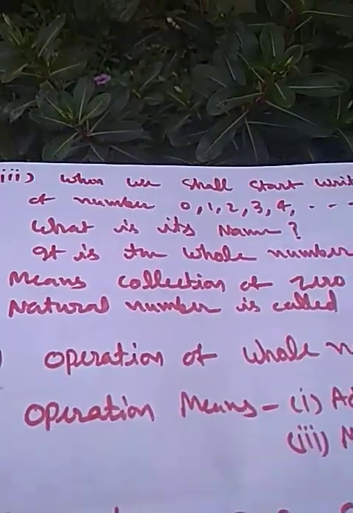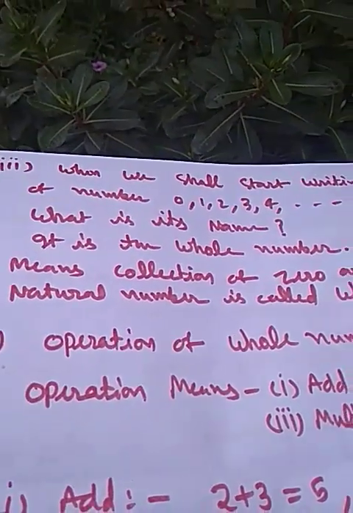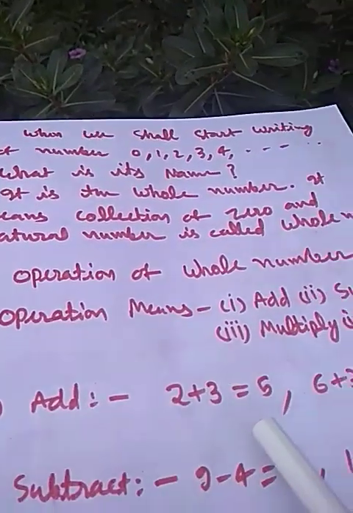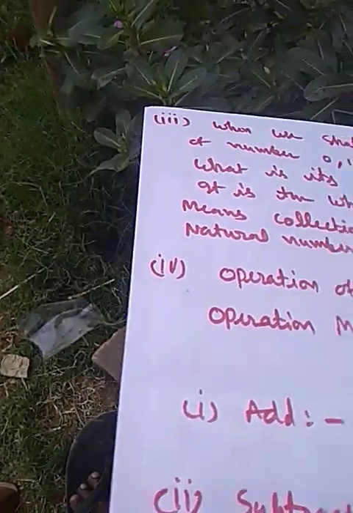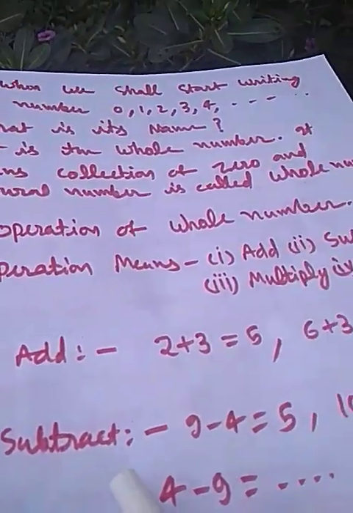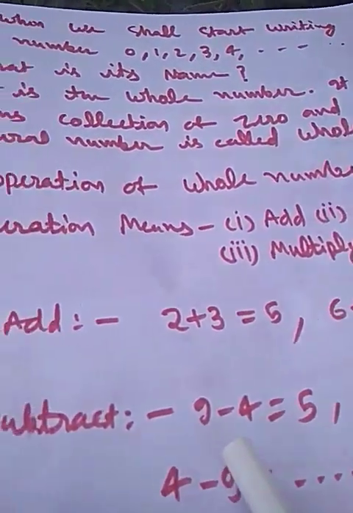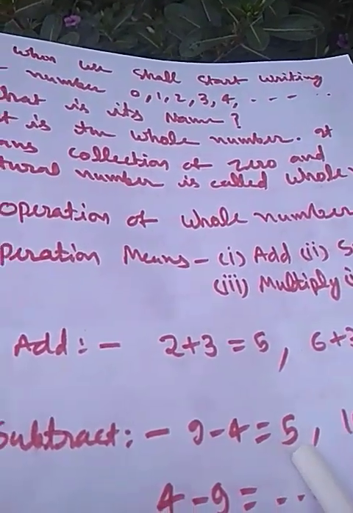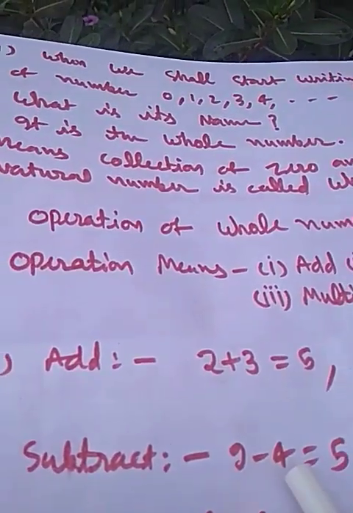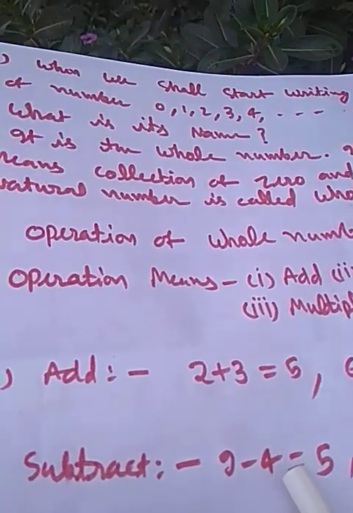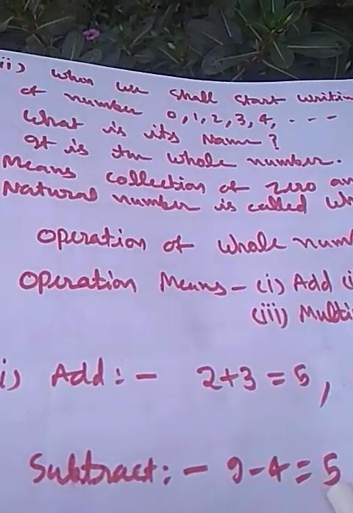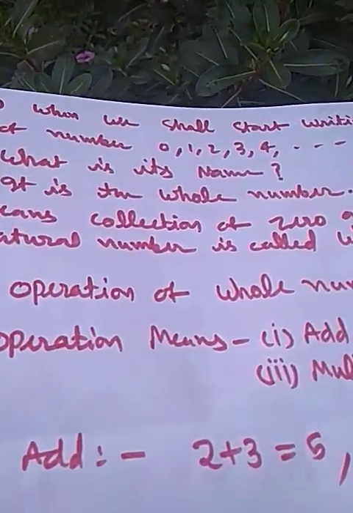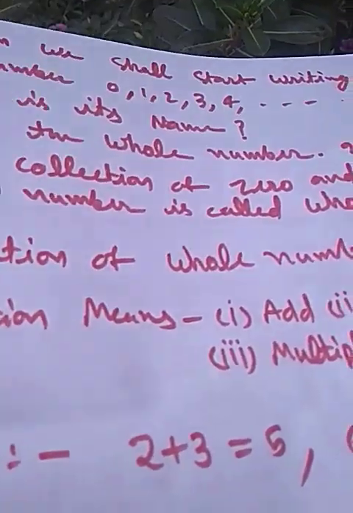And we can also say that the sum of two natural numbers is a natural number, and the sum of two whole numbers is also a whole number. Now in the case of subtract, here is 9 minus 4, that is equal to 5. Here 9 is a whole number and 4 is a whole number, and the difference is 5, that is also a whole number. It means the difference of two whole numbers is also a whole number in the first case.